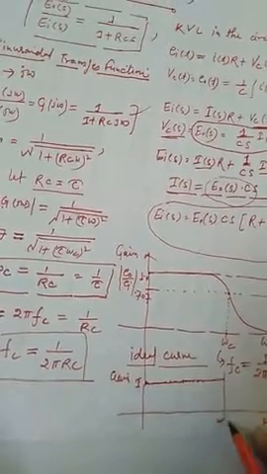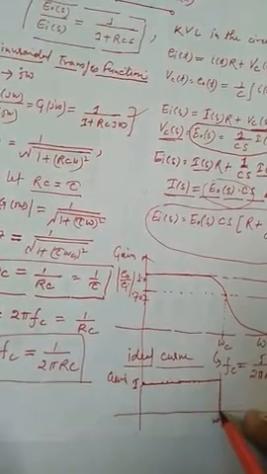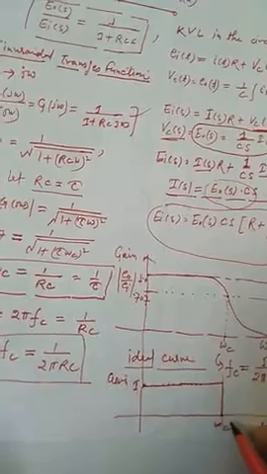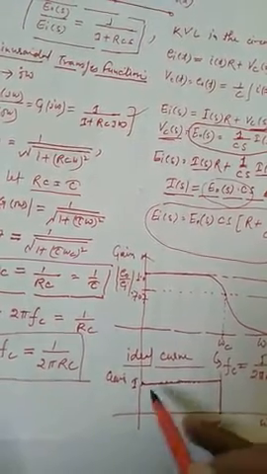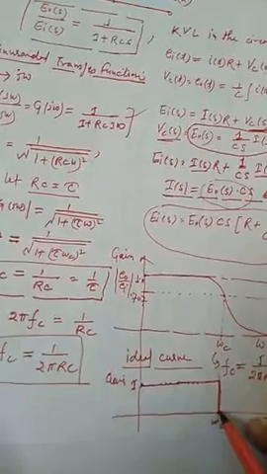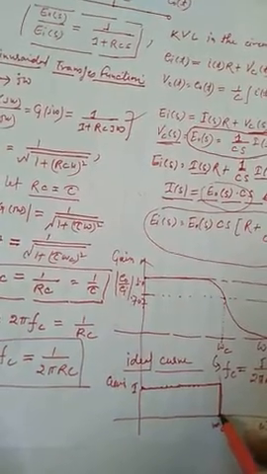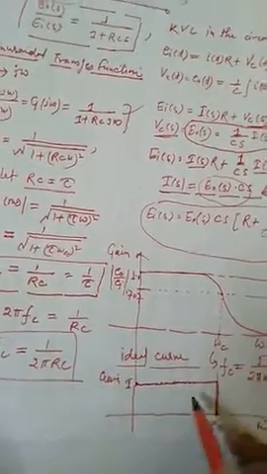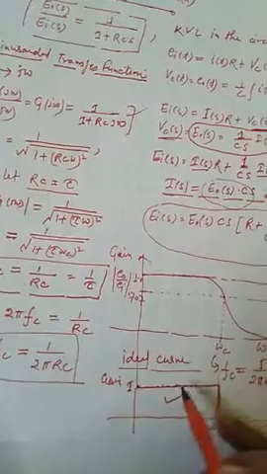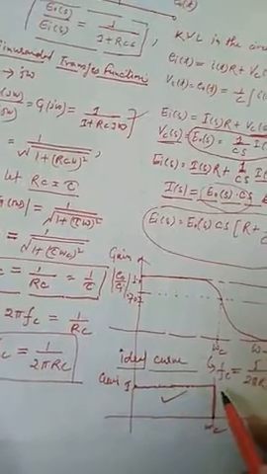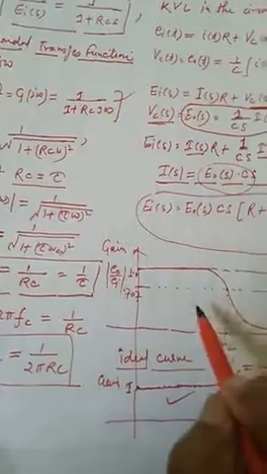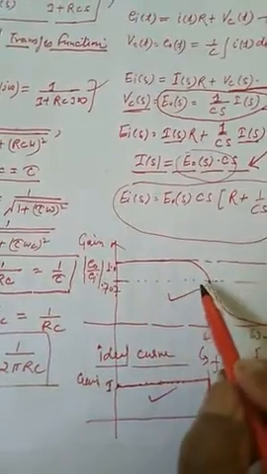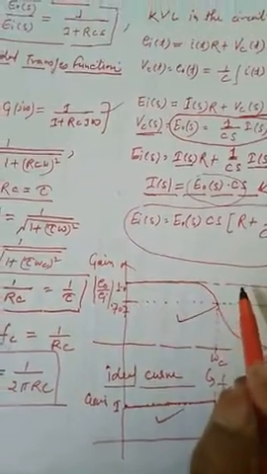At the cutoff frequency, suddenly it will come to 0. As the frequency is increased above the cutoff frequency, the gain will drop to 0 instantly. So this is the ideal behavior, but we don't get the ideal curve. This is the practical curve that we observe in most of the cases.